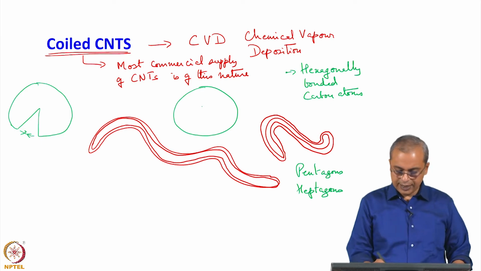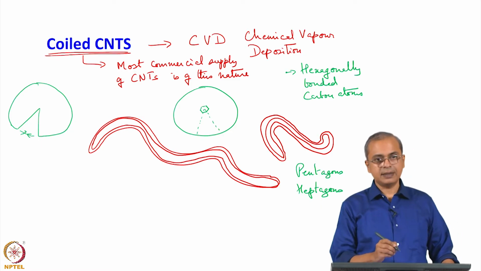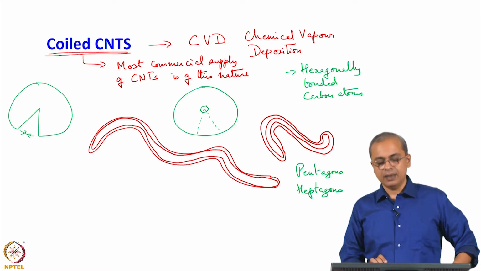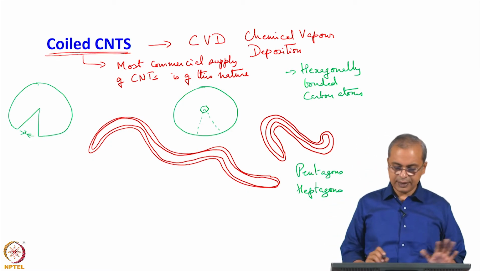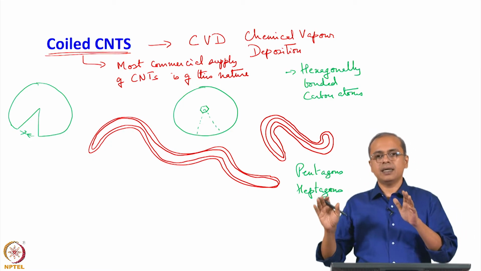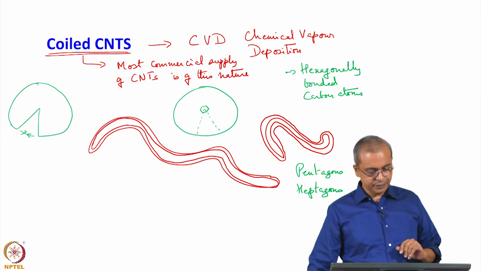So, let us say you had a hexagon here, now suddenly this part of the hexagon is missing, this part of that hexagon is missing, and therefore that central hexagon has become a pentagon, right. So, that is what we are dealing with, and that is how you get these coiled CNTs. So, they are considered as CNTs having surface defects.